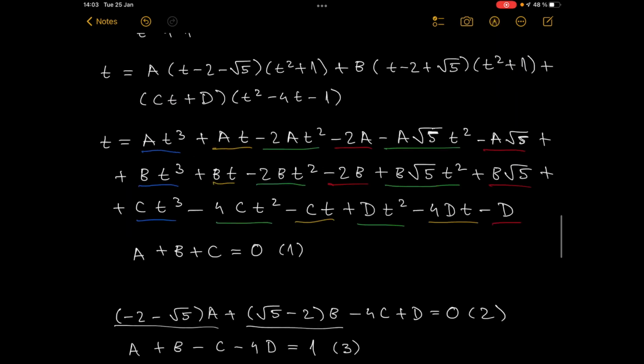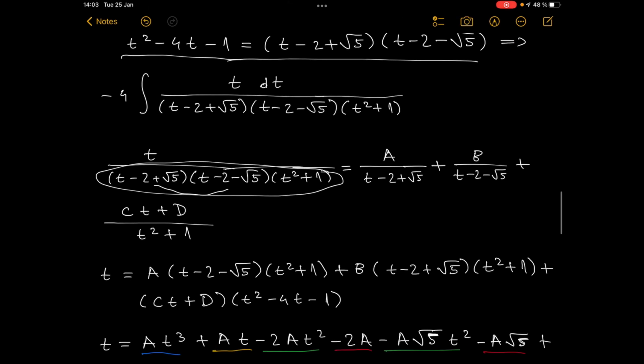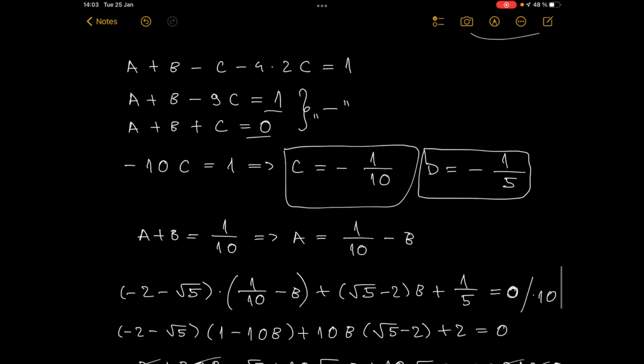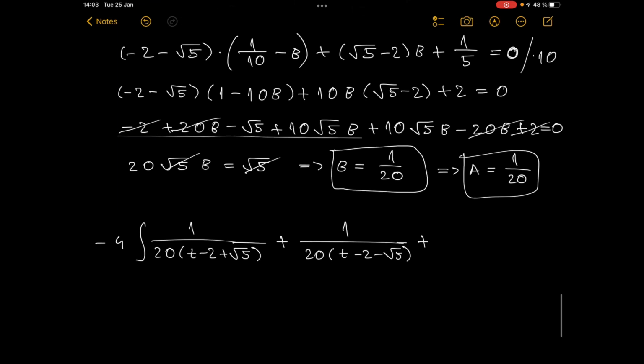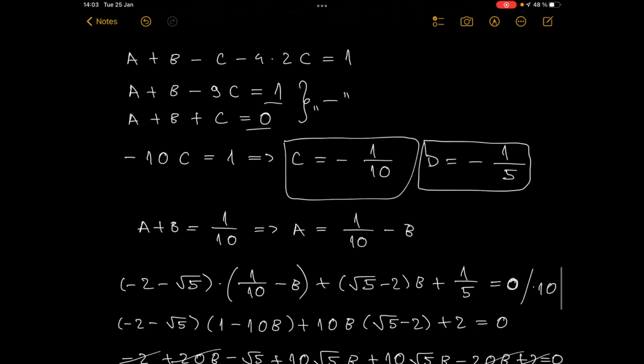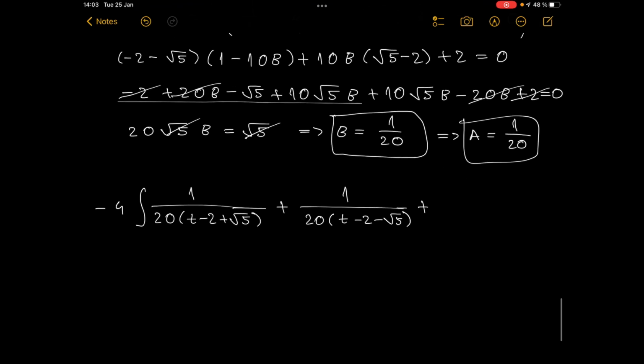plus ct plus d over t squared plus 1, ct plus d minus 1.